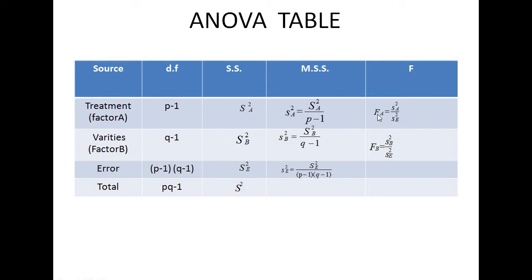Here, the F-test for factor A is represented by mean sum of square due to A divided by error mean sum of square, and similarly for factor B is obtained by mean sum of square due to factor B divided by error mean sum of square.